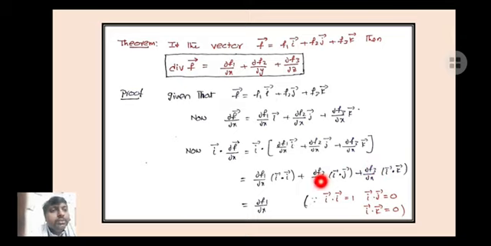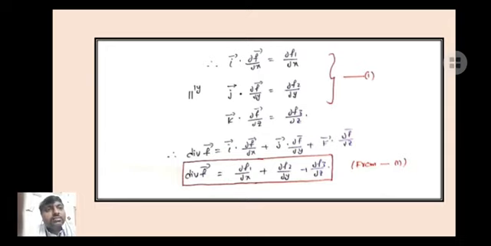We know that i bar dot i bar is 1, i bar dot j bar is 0 and i bar dot k bar is 0. So by replacing those values, finally I am getting dou f1 by dou x. So i bar dot dou f bar by dou x is nothing but dou f1 by dou x. Similarly, j bar dot dou f bar by dou y is dou f2 by dou y. k bar dot dou f bar by dou z is equal to dou f3 by dou z.